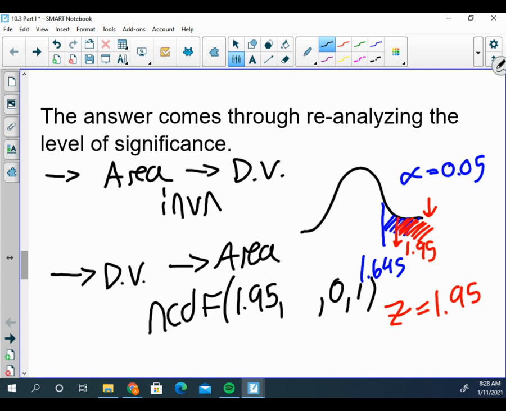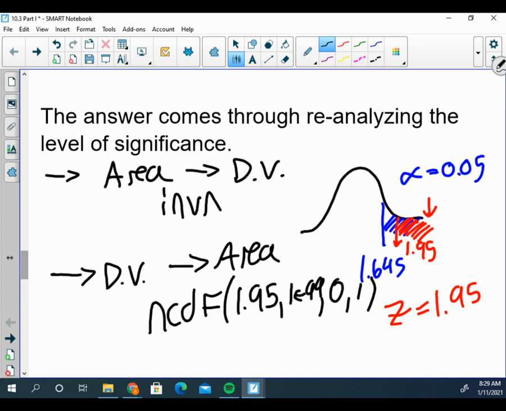Anyone remember? What do we plug in here? Left bound, right bound, mean, standard. Yeah. Is it the 1E99? Very good. 1E99. When we work with the norm CDF, 1E99 is the way of telling our calculator infinity. Our calculator can't physically process infinity, so we just put in a massive number instead.